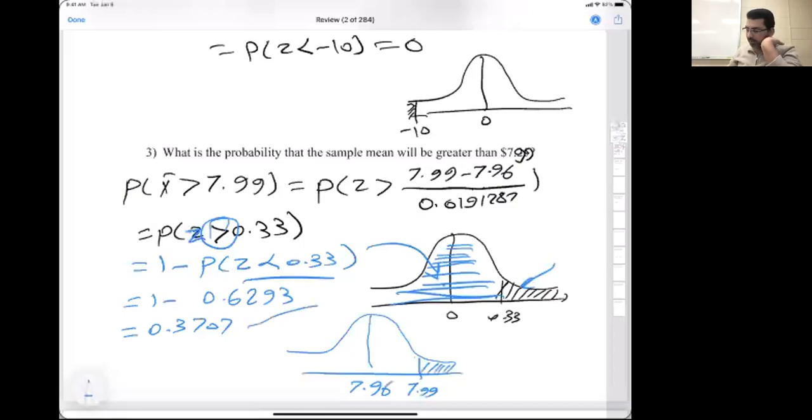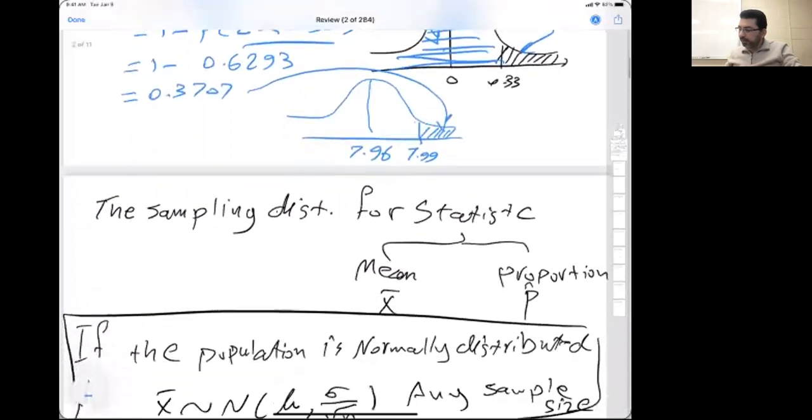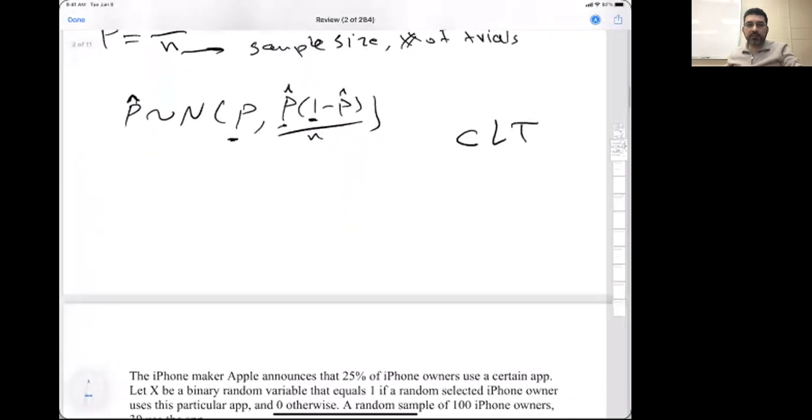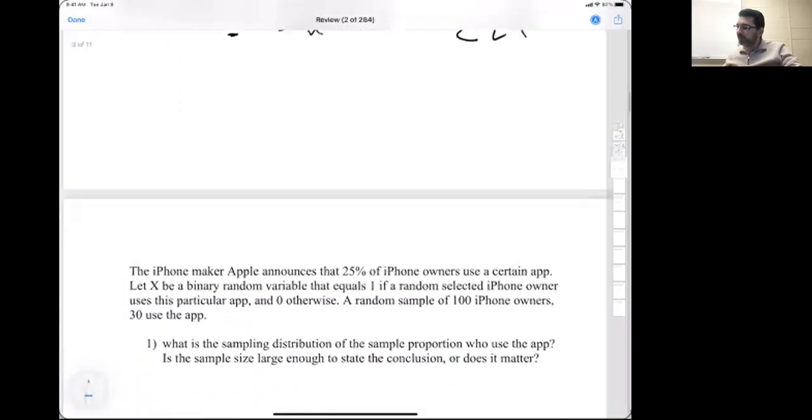So this area is 0.3707, or we can say this probability is 37.07%. So this is the probability that the average price is higher than 7.99. This is the way of getting the probabilities under the normal distribution for the sampling distribution of the sample mean.